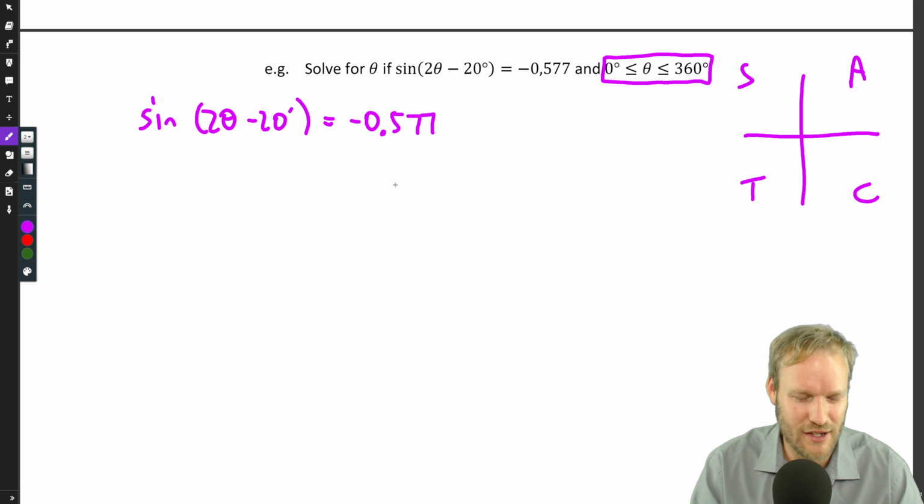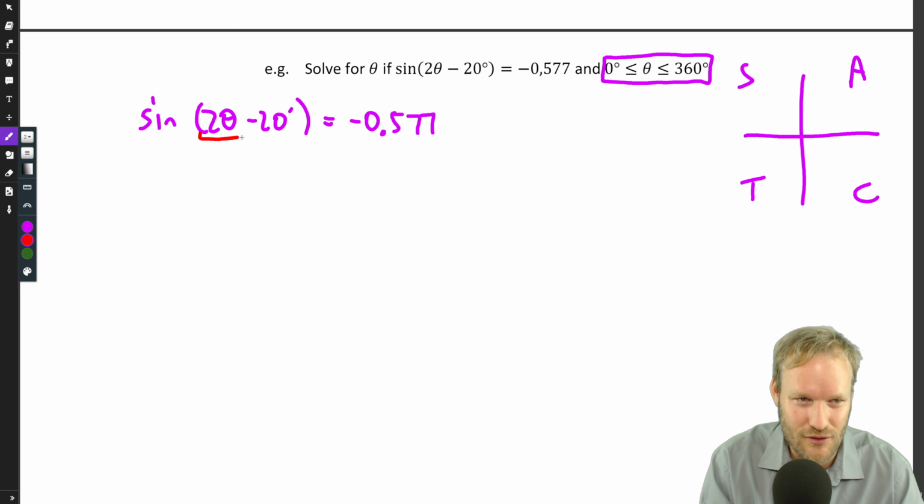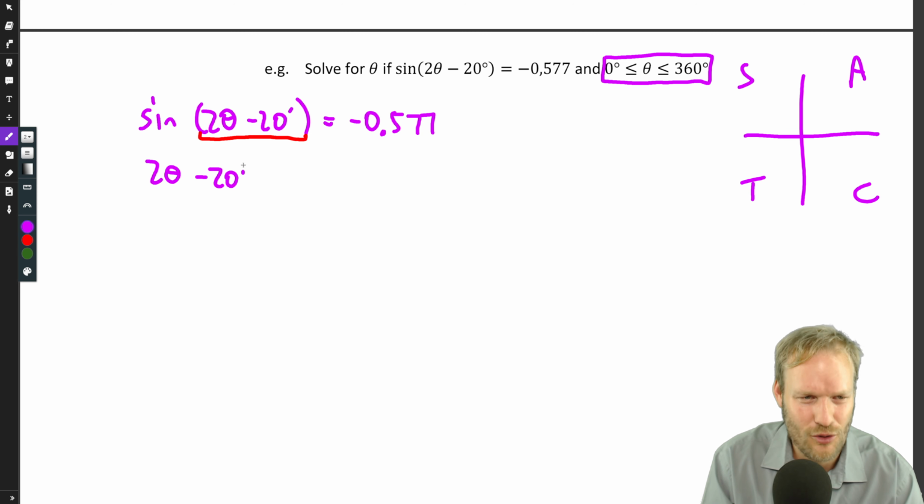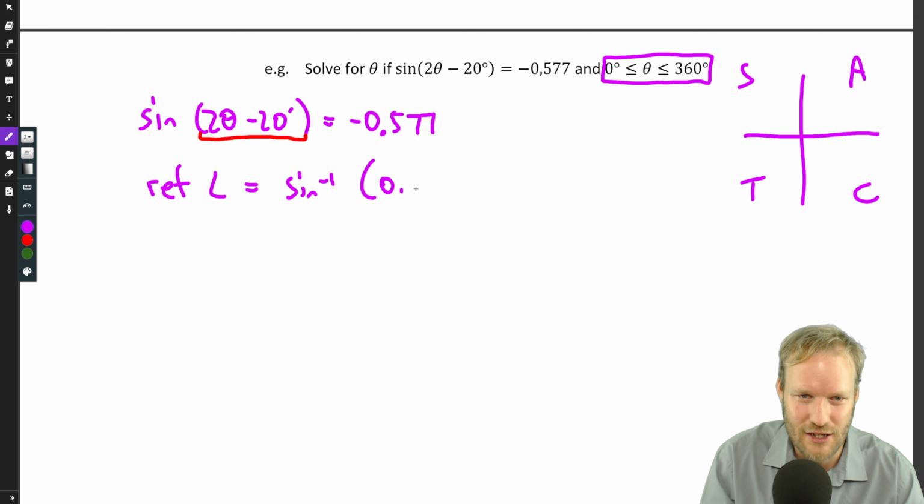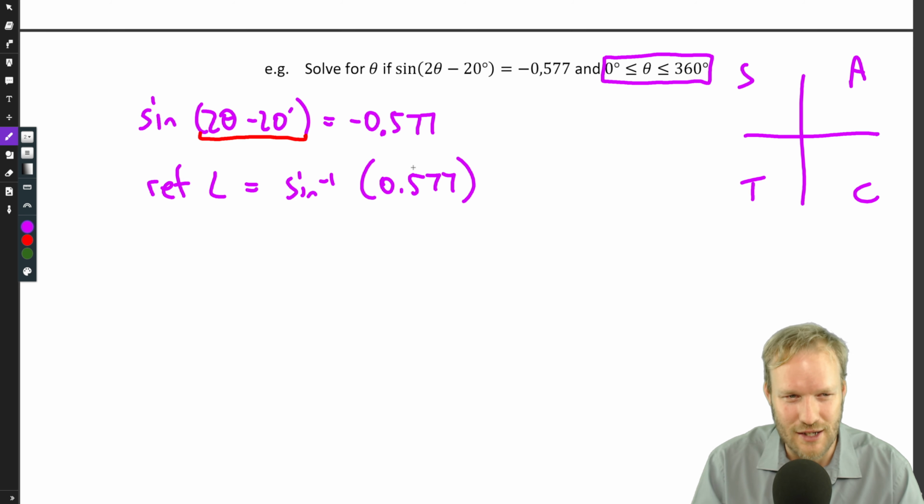But all we need to do here is use what we colloquially call shift sine to find out what the argument is. So 2 theta minus 20 degrees, or rather what we can call our reference angle, is shift sine of 0,577.